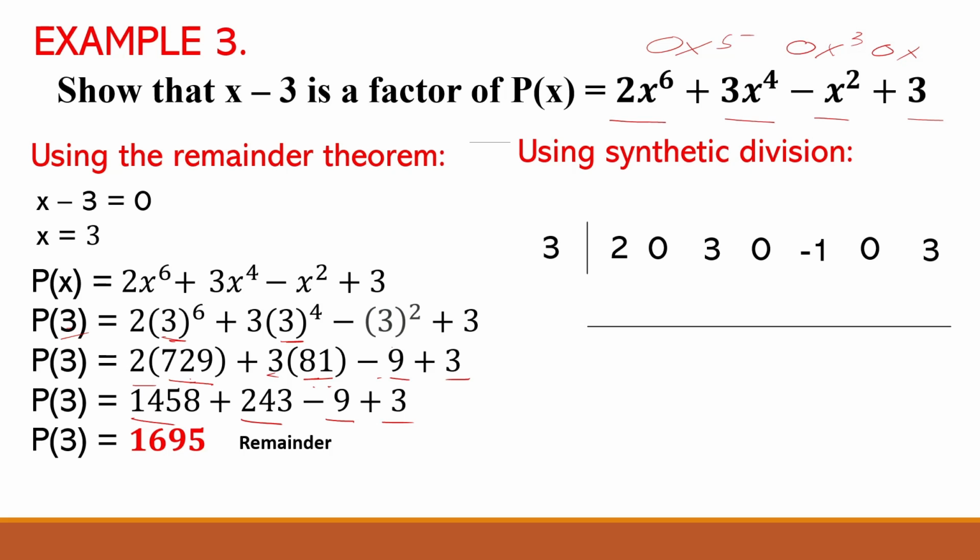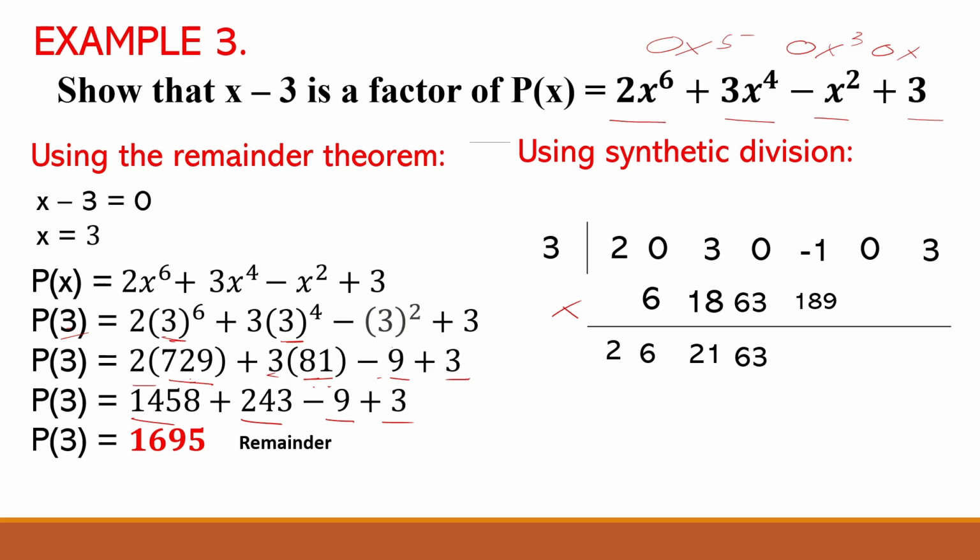Okay. Bring down 2. So you have 2. 2 times 3, so you have 6. 0 plus 6 is 6. 6 times 3 is 18. 3 plus 18, you have 21. 21 times 3, so you have 63. 0 plus 63 is 63. 63 times 3 is 189.